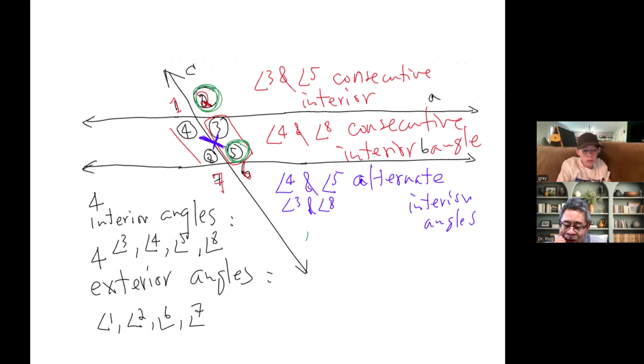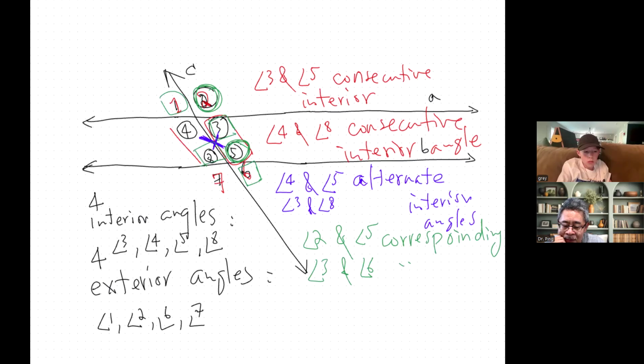So angle 2 and angle 5 are corresponding angles. And of course, 3 and 6 are also corresponding, one in, one out. Similarly, 1 and 8 are corresponding, and 4 and 7 are corresponding. Good?